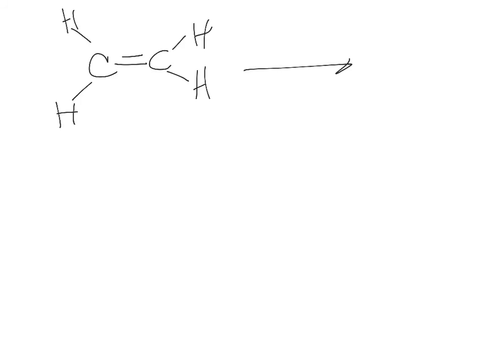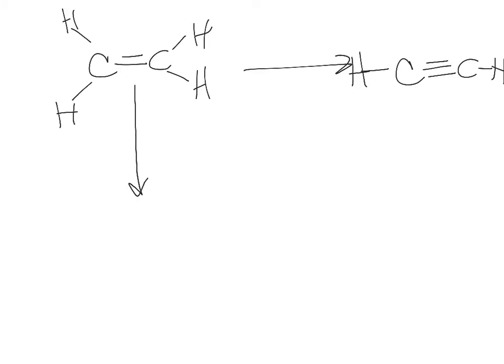Now, you'll notice a lot of synthesis problems where you will take an alkene and you want to make it into an alkyne. You will be tempted to want to do that in one step, but there's actually two steps to make an alkyne from an alkene.